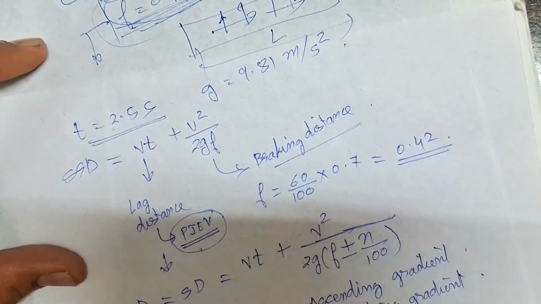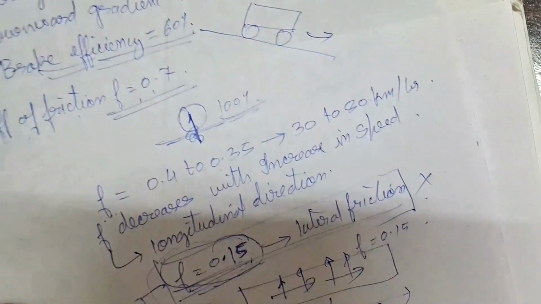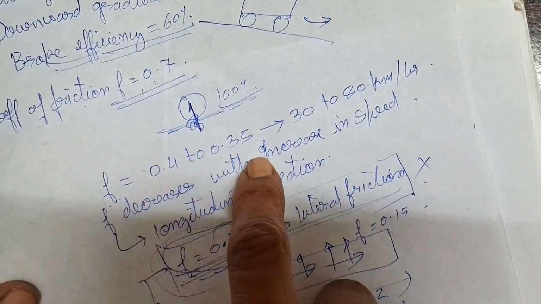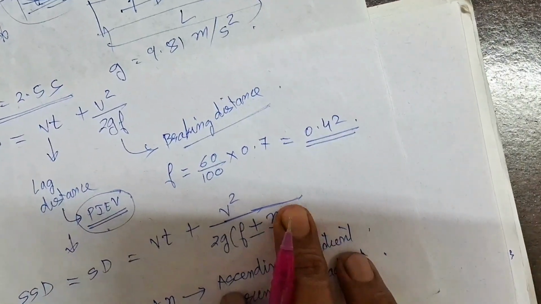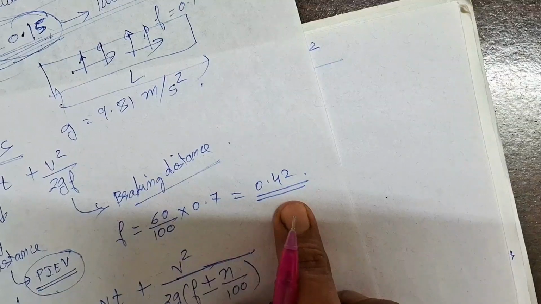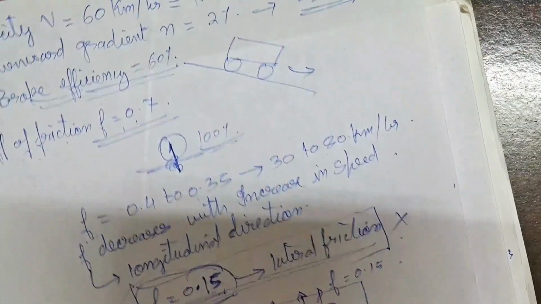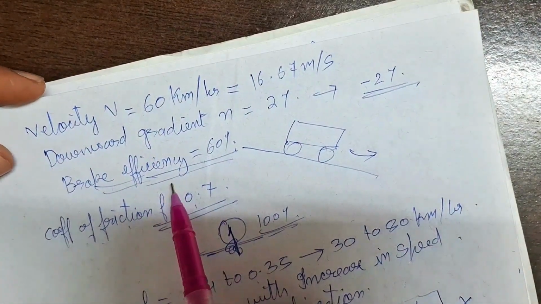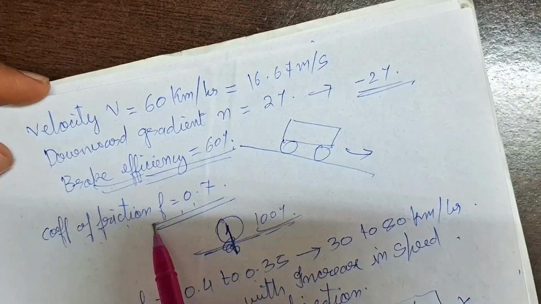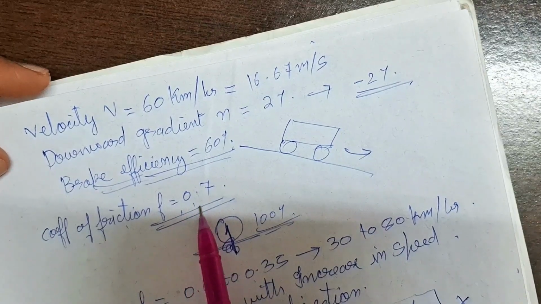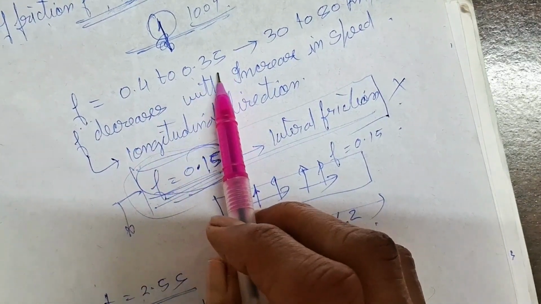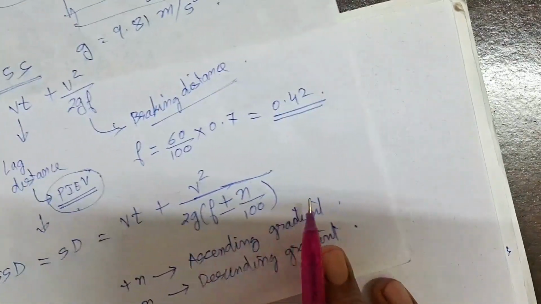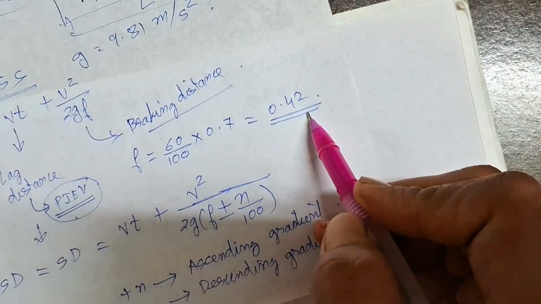This is our f value. As I have told you, you can take 0.4 to 0.35, but for solving this particular sum, we will take the value of f as 0.42. How did we derive it? We just multiply the braking efficiency with the coefficient of friction. Obviously f cannot be such a high value. It will be in the range 0.4 to 0.35, but 0.42 is also okay, because this is given in the exam.